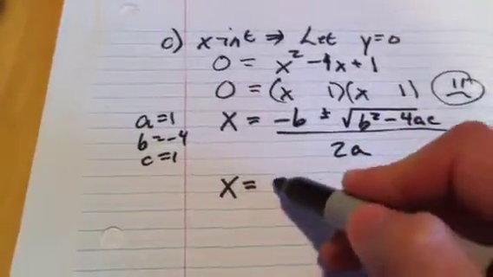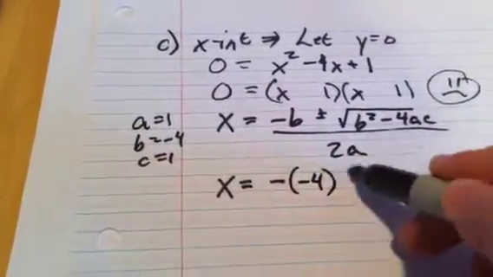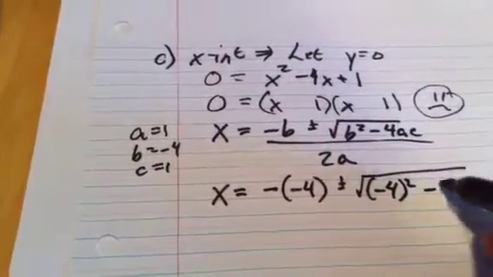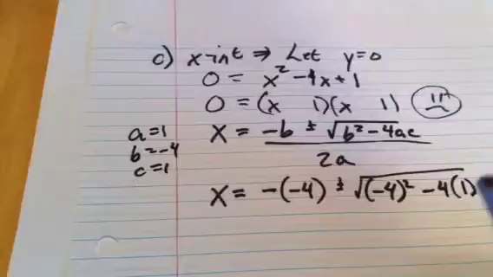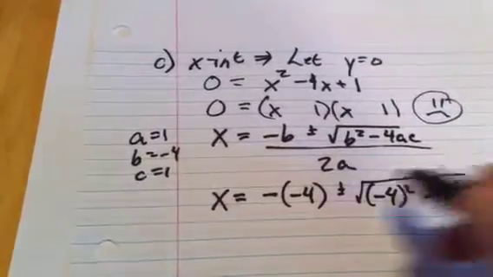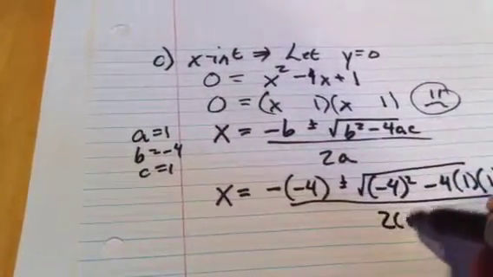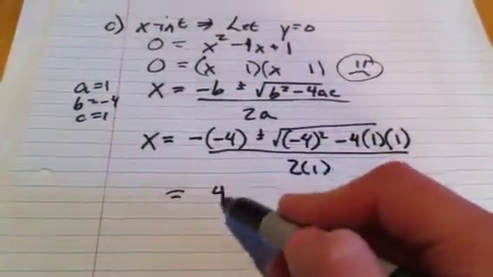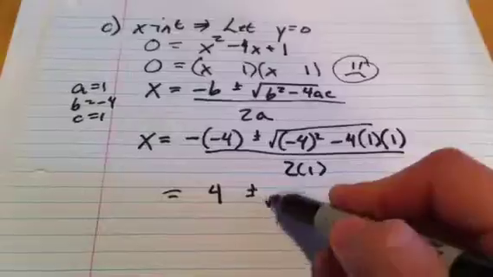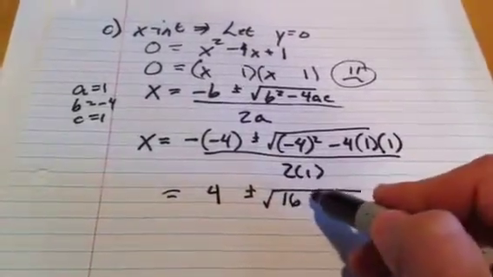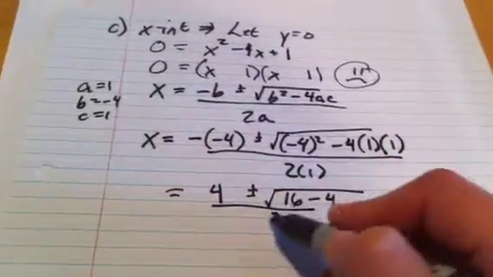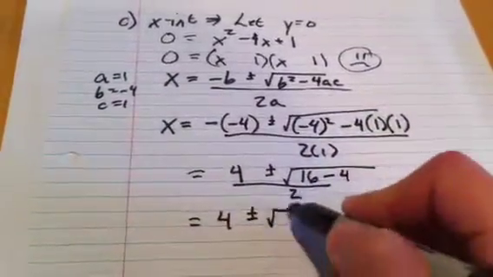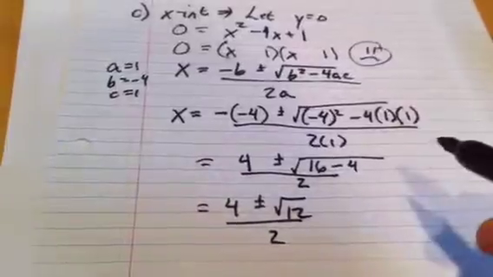So I'll have negative negative 4 plus or minus the square root of negative 4 squared minus 4 times 1 times 1, all over 2 times 1. So cleaning this up, that'll be 4 plus or minus the square root of 16 minus 4 over 2. So this will be 4 plus or minus the square root of 12 over 2.